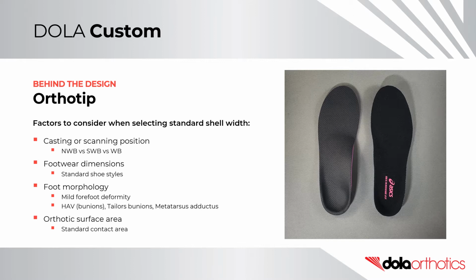This selection is suitable for patients with no or mild forefoot deformity, including HAV or bunions, Taylor's bunions, or metatarsal adductus. And orthotic surface area required. Standard width will provide you with a standard amount of orthotic contact area.